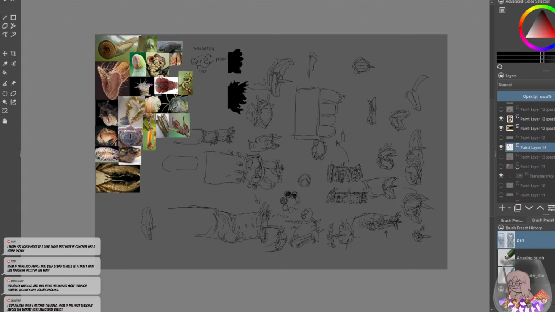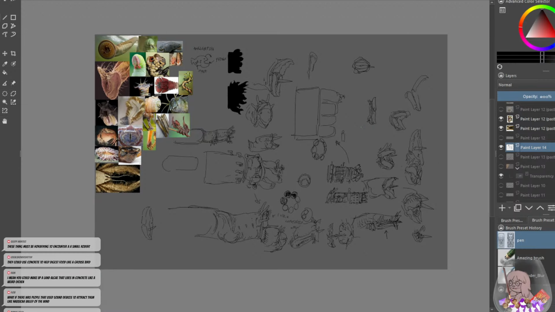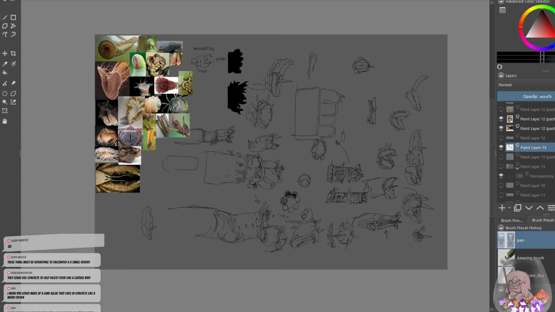Yeah, we were talking about having a type of fungus that they cultivate in damp stone, like concrete, and so they feed off it. They do the same thing as leafcutter ants, where they basically farm a type of fungus as a food source. But the more I thought about it, the more I was like, it could be something else.